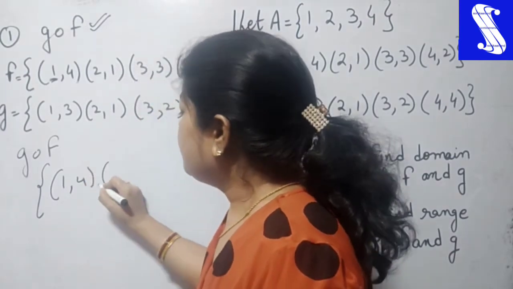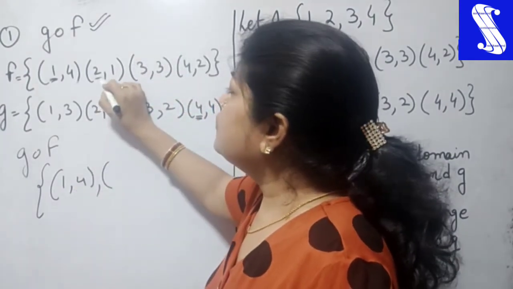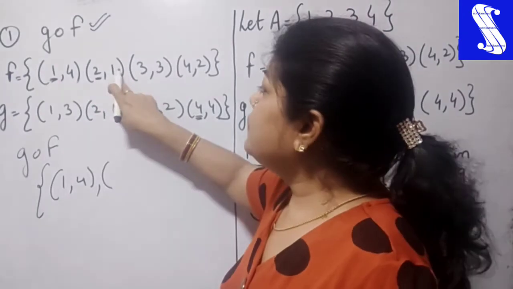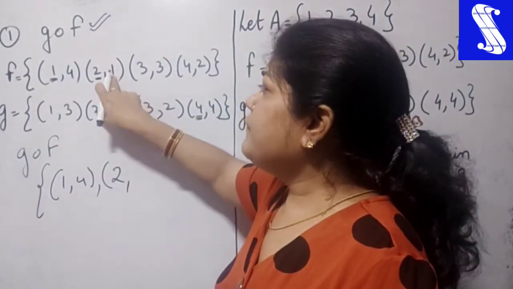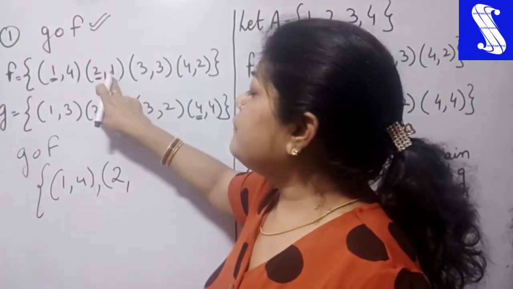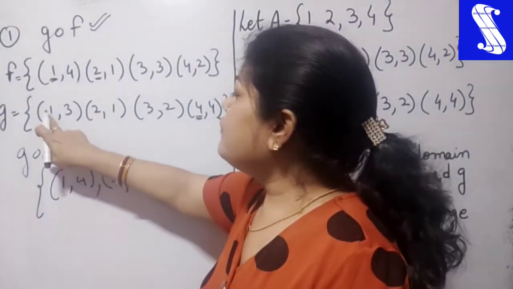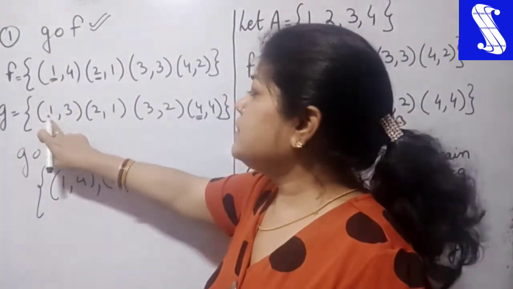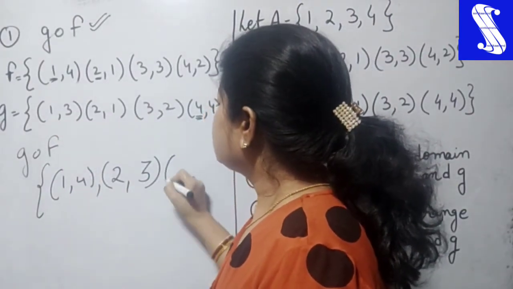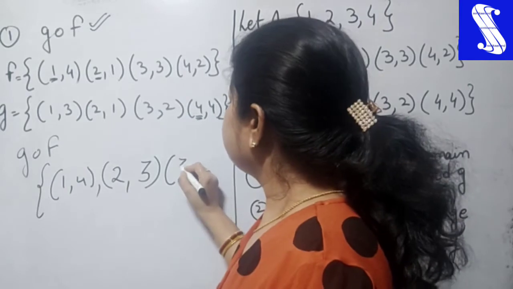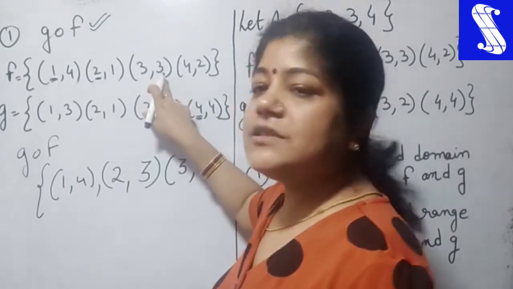Okay, now next one. This is 2. Its value is 1, and we have to find the value of 1 from G. The value of 1 in G is 3, so we write 3 over here. Now next one: this is 3, and its image is 3.